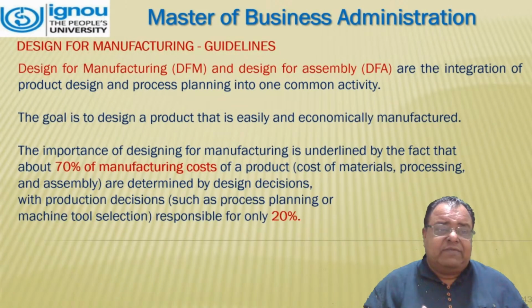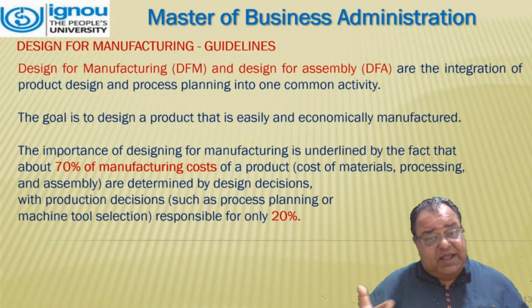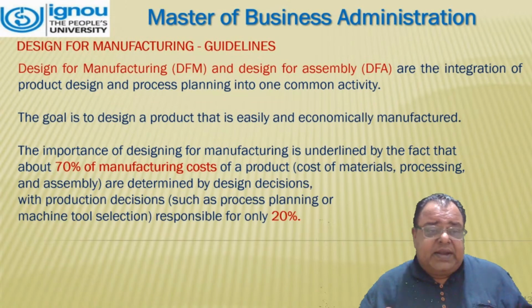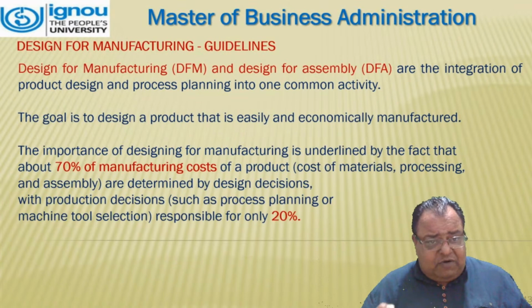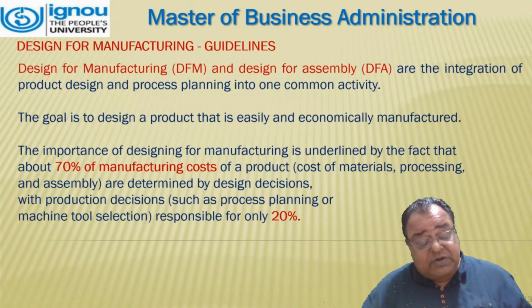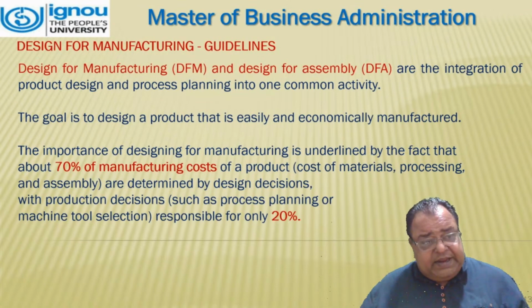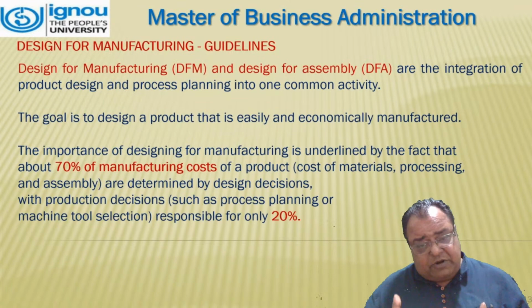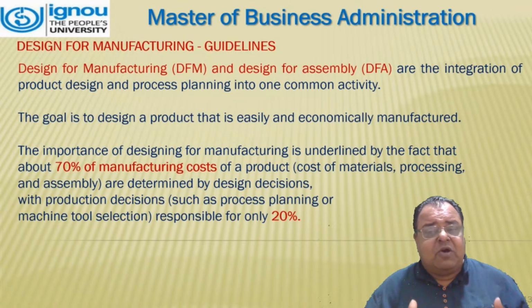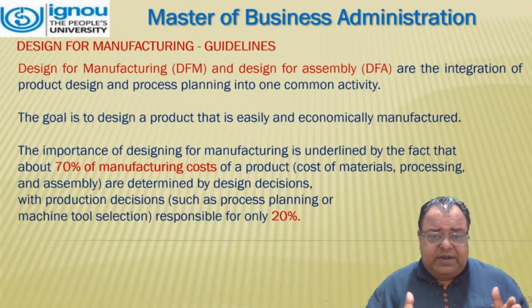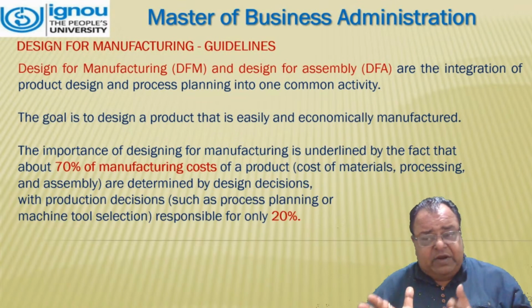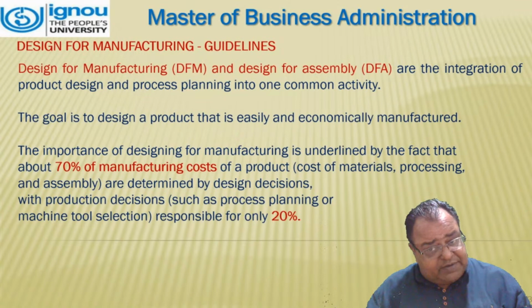Now, design for manufacturing. What are the guidelines? Design for manufacturing, which we will call DFM, and design for assembly, that is DFA, are the integration of product design and process planning into one common activity. The goal is to design a product that is easily and economically manufactured.